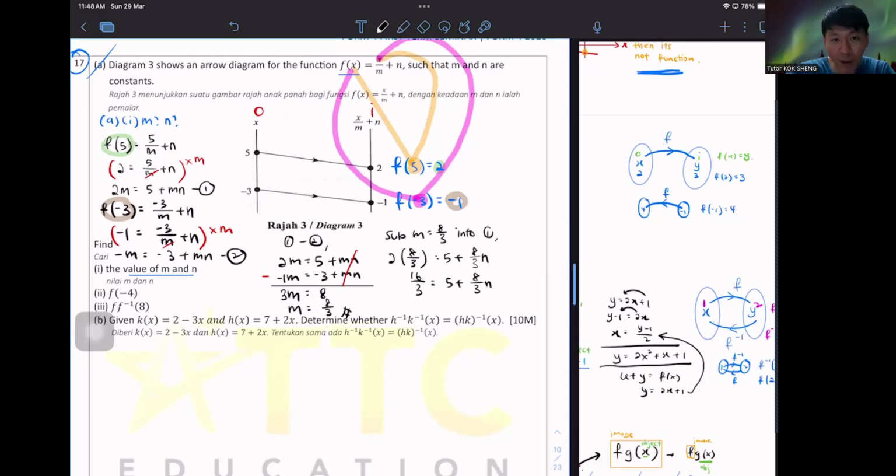Then continue: bring the 5 to the left as minus, and the last term with 8 over 3 bring over and divide. Should be able to find n already. 16 over 3 minus 5 gives 1 over 3, divided by 8 over 3. Okay, done. It's a long process because of the two equations.